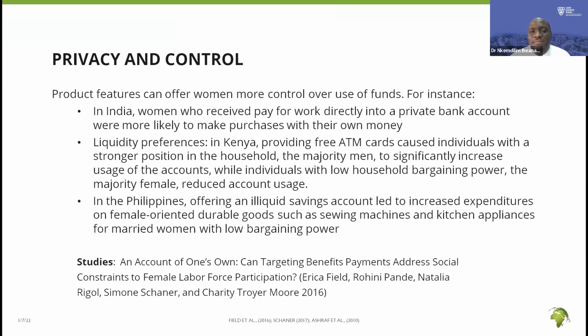Next slide. Now, there are other features that can actually be offered to women. For instance, in India, women who receive pay for work directly into private bank accounts were more likely to make purchases with their own money. Liquidity preferences: in Kenya, when you provide free ATM cards, this has caused individuals with a stronger position in the household to significantly increase the usage of their accounts, while individuals with lower bargaining power, majority female, have reduced account usage.